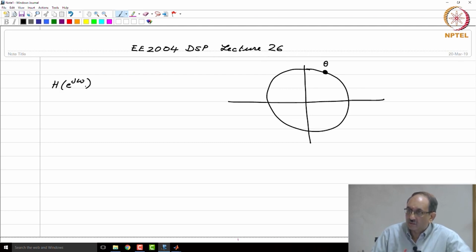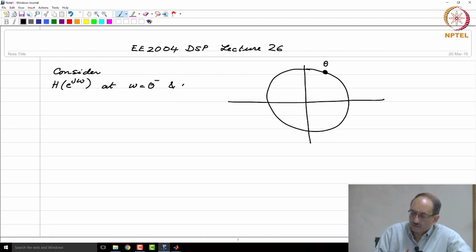Let us consider each of e to the j omega at omega equal to theta minus epsilon and at omega equal to theta plus epsilon.